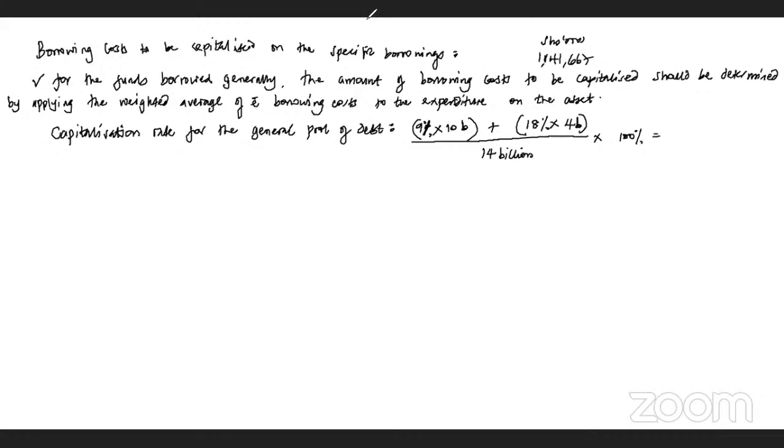I have 11.57, so we can take 12. Let's take 11.57%. So that is our capitalization rate for the general pool of debts.